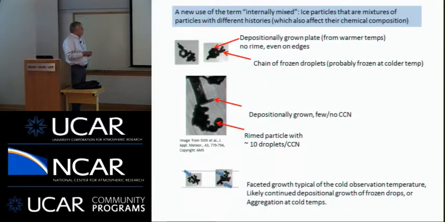This is a depositionally grown one, which would have next to none, maybe one particle or so in it from the nucleation. And so you end up with a particle that has both a different structure due to the different physical history of the particle, but also a chemical difference as well, in a kind of internally mixed fashion.